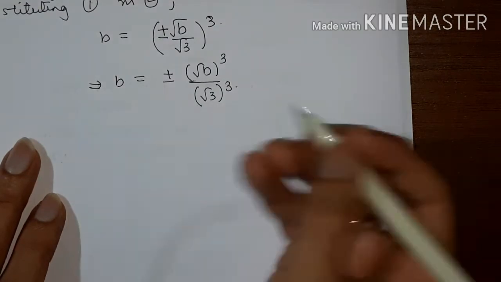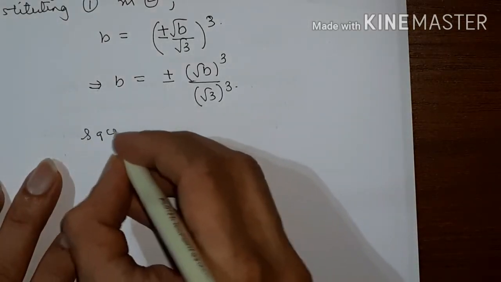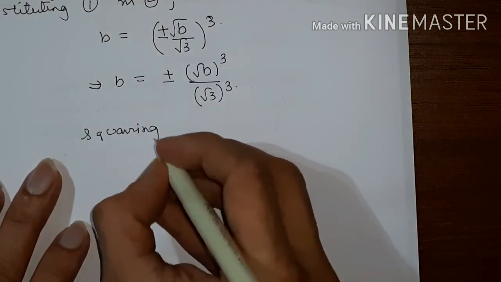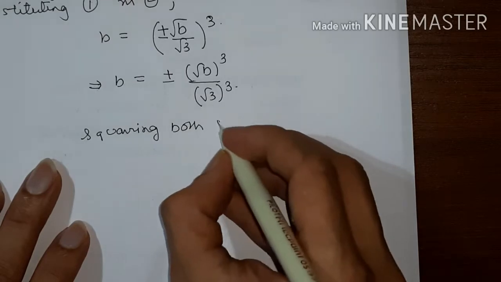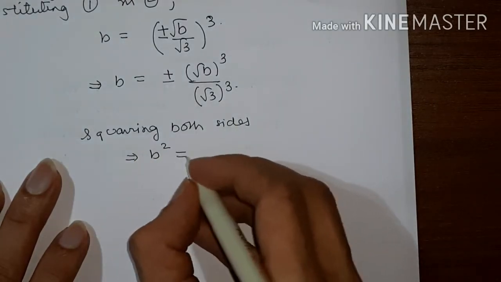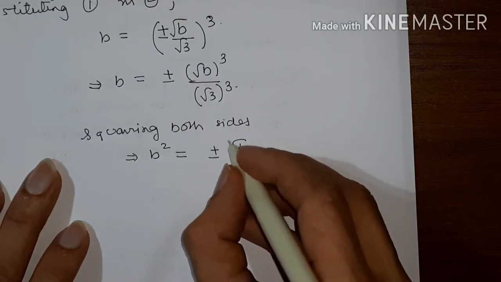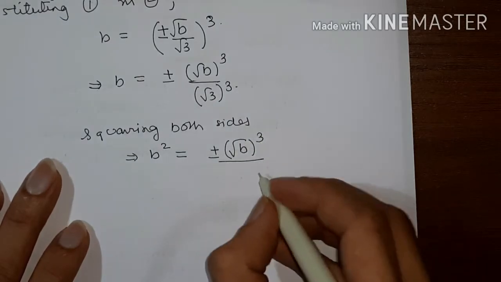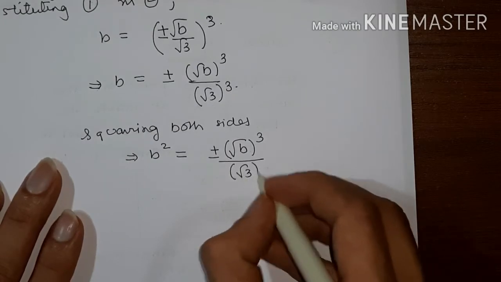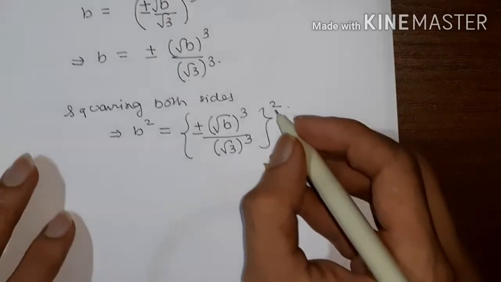So now suppose we square both sides, let us see what we get. Squaring both sides, what we get is b square is equal to plus or minus root b raised to 3 divided by root 3 raised to 3, the whole square, right?